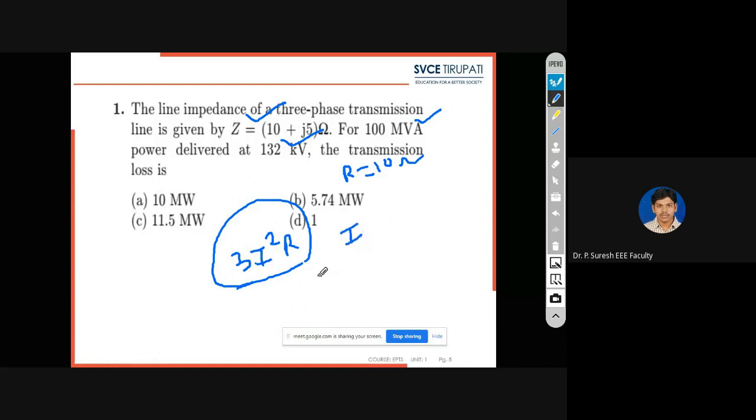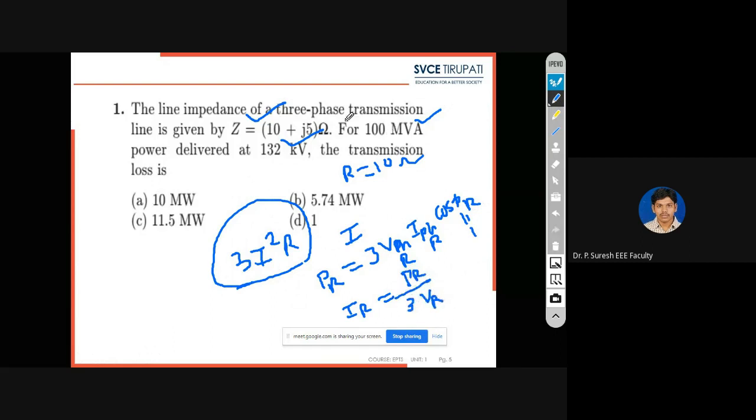What is the formula for delivered power PR? PR equal to 3 into V phase, I phase, cos phi, so this is VR and IR. They didn't mention the power factor, so let us take unity power factor. Now what is the formula for IR? IR equal to PR by 3 VR.